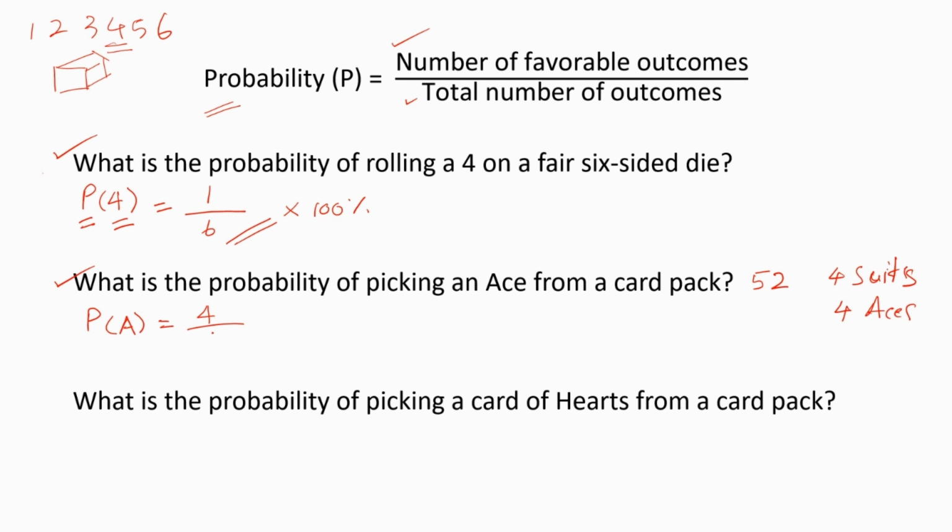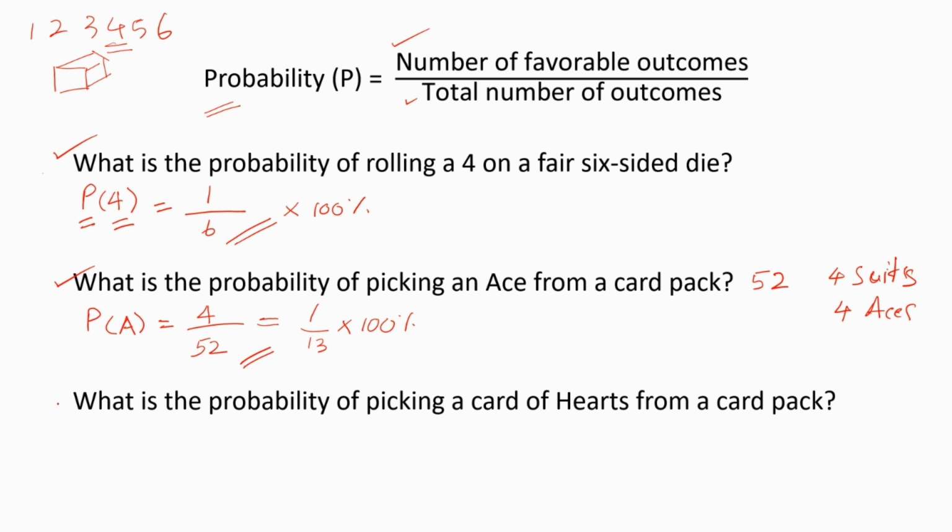There are 52 cards. So the total number of outcomes equals 52. This is the probability of picking an ace from a card pack. We can simplify this probability value by dividing both the numerator and the denominator by 4. So this equals 1 over 13. If we want to convert this probability into a percentage value, we can simply multiply this by 100%.